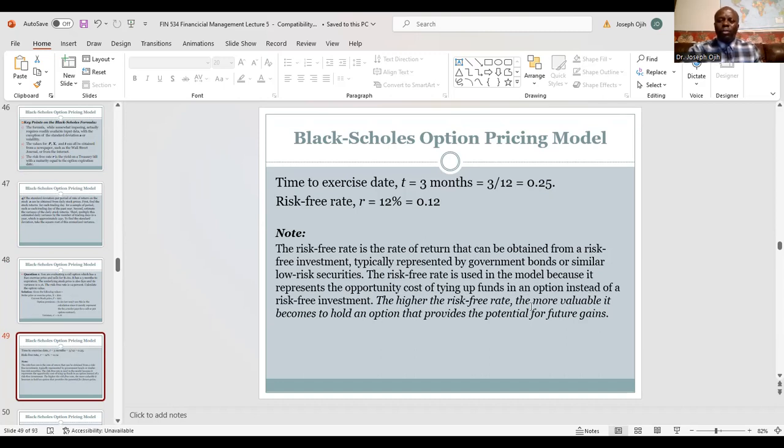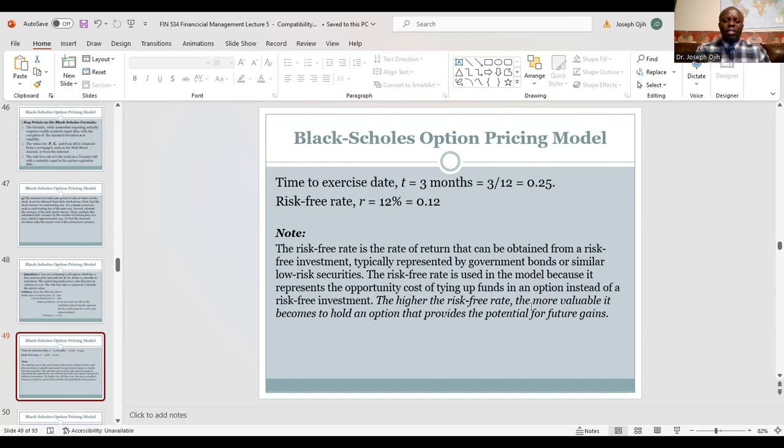Before we continue, I would like to remind you that the risk-free rate means the rate of return that can be obtained from a risk-free investment like government bonds or similar low-risk securities. In the US, we use the treasury bond as the risk-free rate.